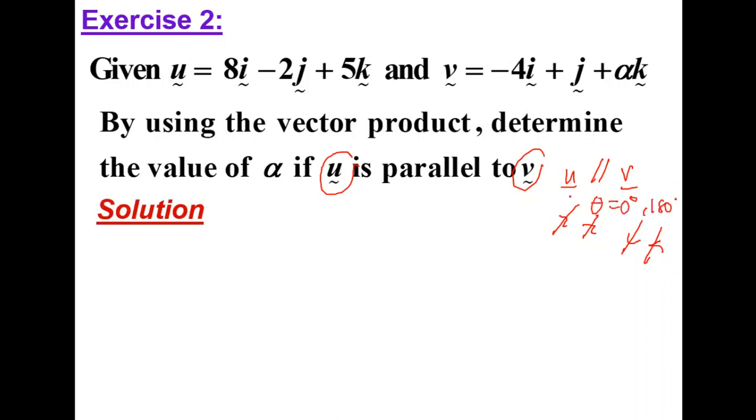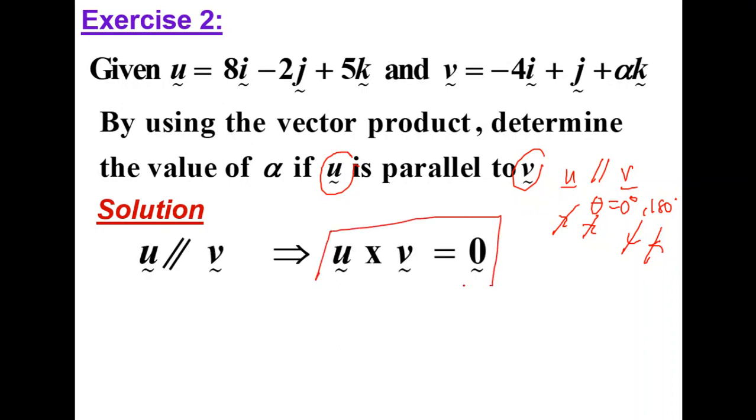To show that they are parallel, use this equation: vector U cross vector V is equal to 0. Here it is to find the value, so we need to use the equation vector U cross vector V equals 0.